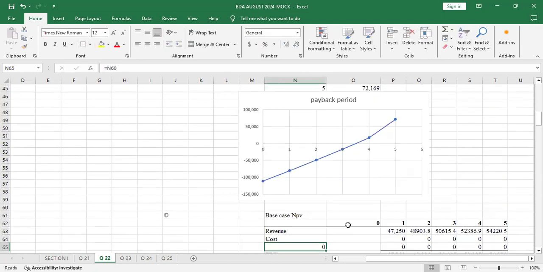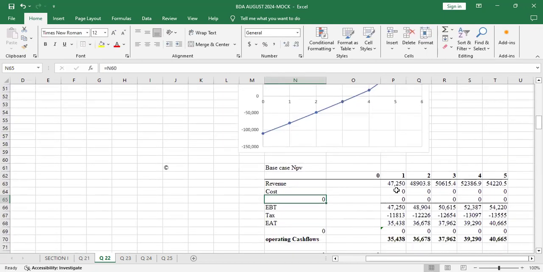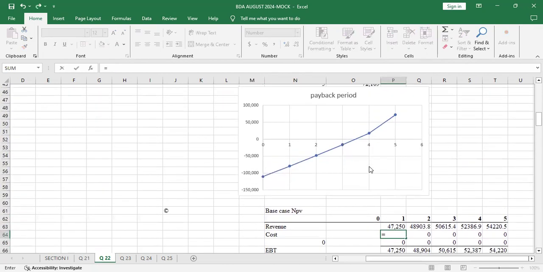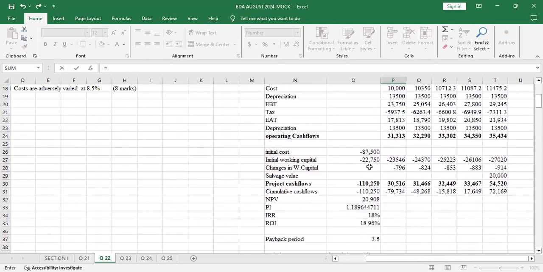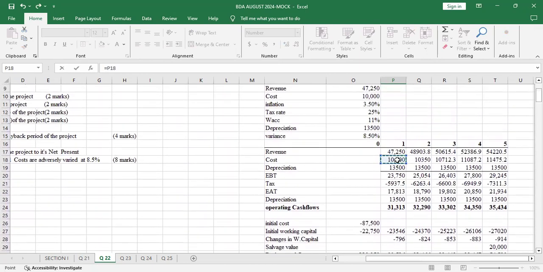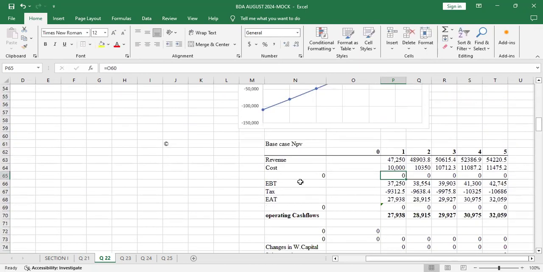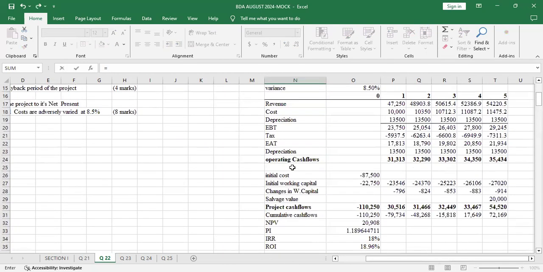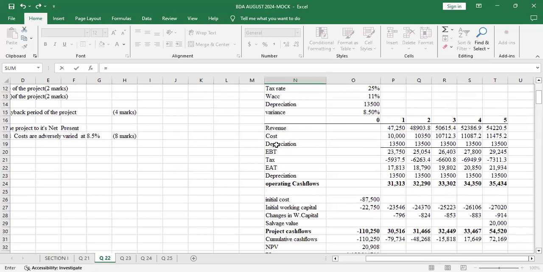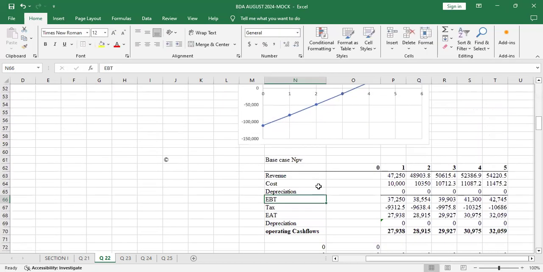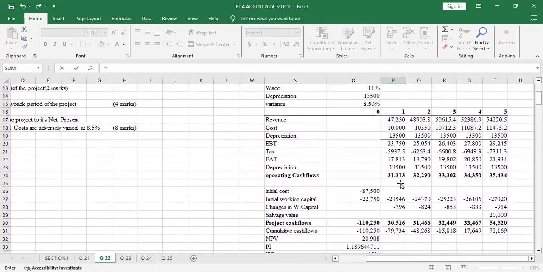We are just copying the values because we want to use this base case NPV to do the sensitivity analysis. We'll copy the original data. Then here we have depreciation, 13,500.